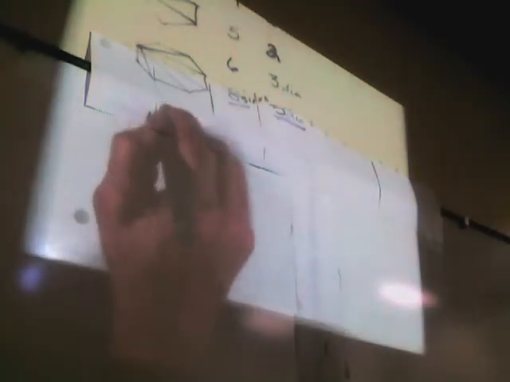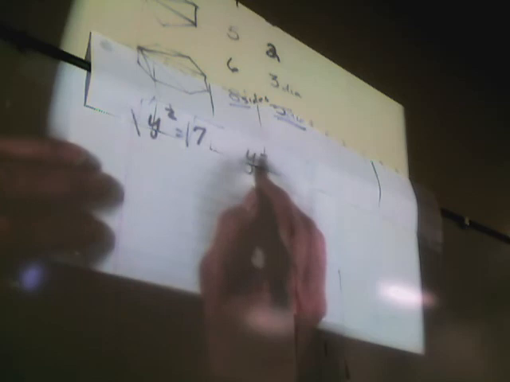Okay, number 36. I'm sorry, you don't know, I have the numbers in front of me. Y squared equals 7. Okay, solve it. So to solve a square, you're going to do square root, right? So y is the square root of 7.